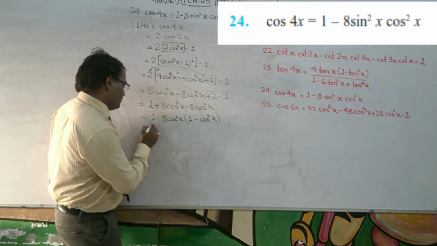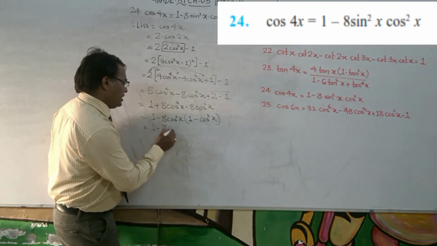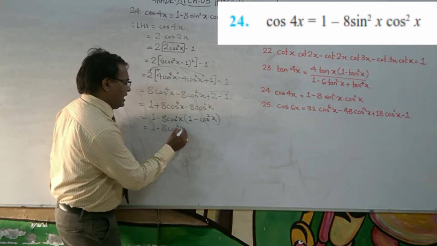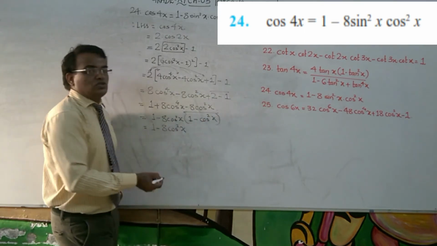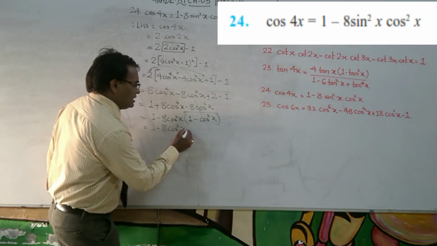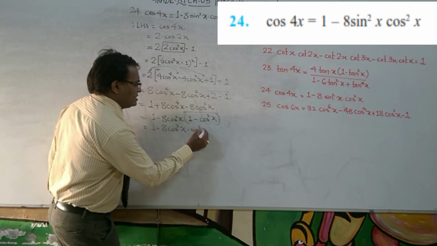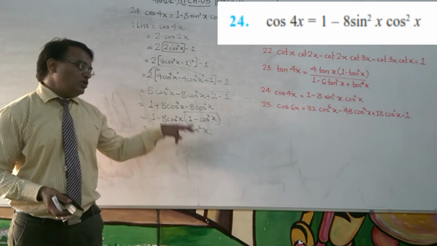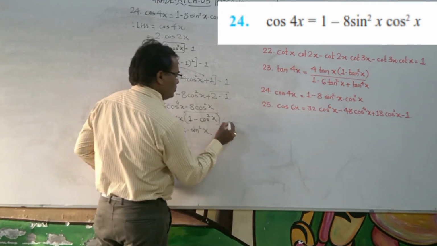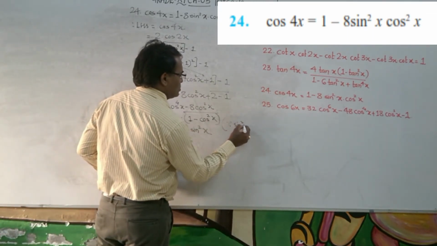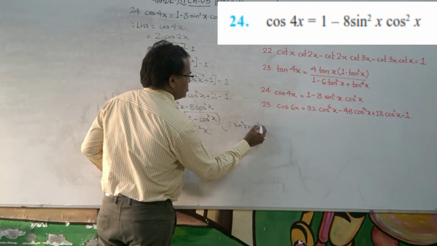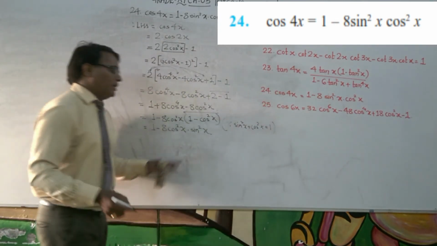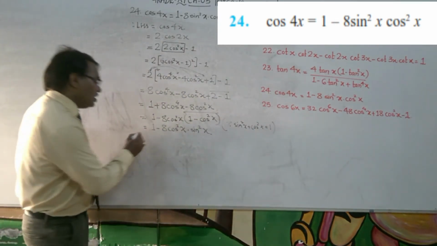So after this we know 1 minus cos square x is nothing but sin square x, using the identity sin square plus cos square is equal to 1. So using that, it will be your required RHS.